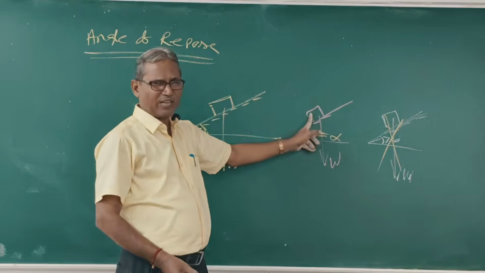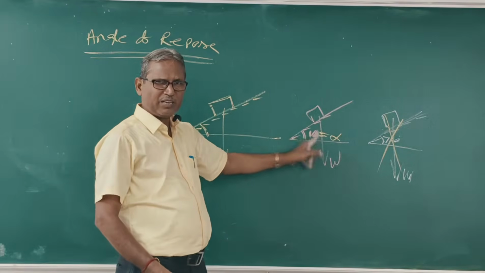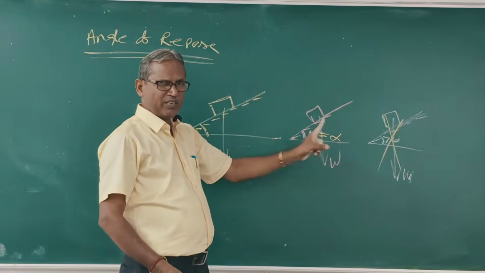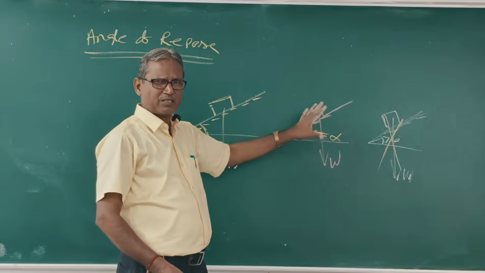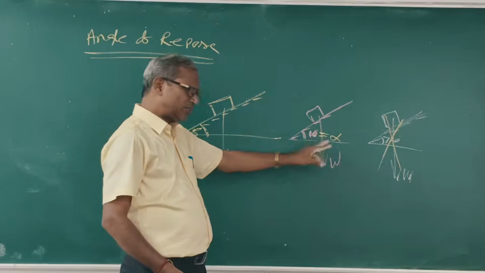This angle alpha is the angle of repose, at which the body is in equilibrium. The body will not move downwards. At this angle, the plane can balance the weight of the body. This is the angle of repose. Clear?